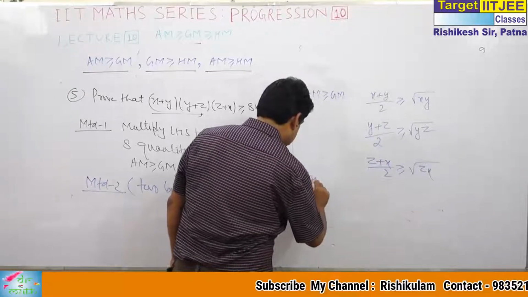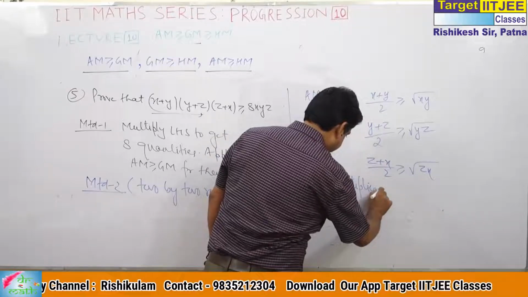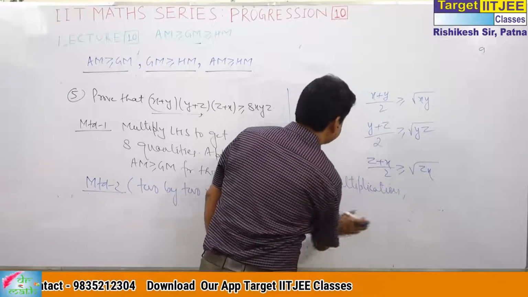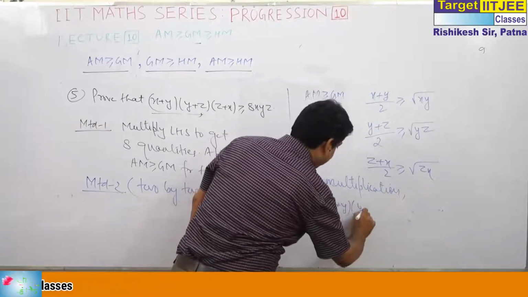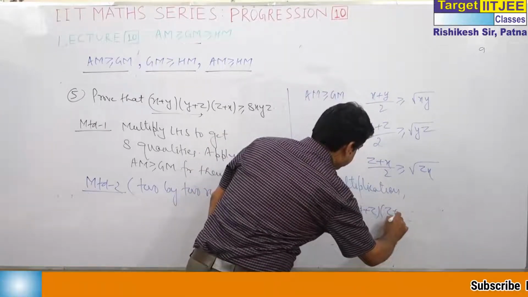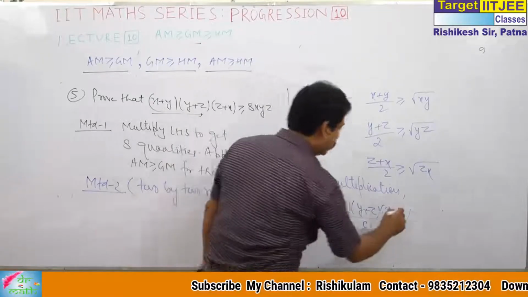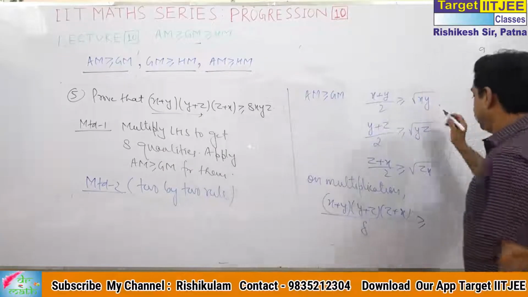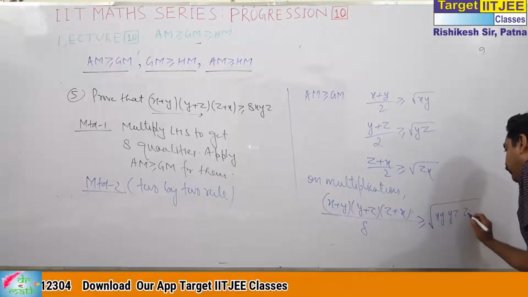On multiplication, (x plus y) into (y plus z) into (z plus x), divided by 2 into 2 into 2, which is 8, you get root of xy into yz into zx.